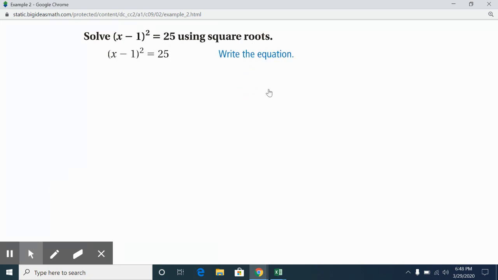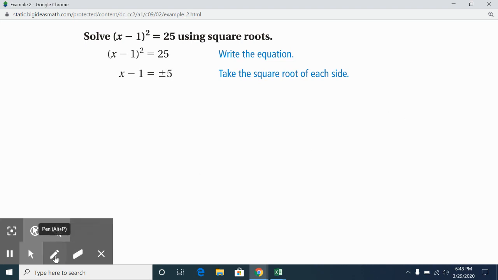They just put a plus and a minus sign in front of the answer. They don't actually write 2 equations out, but I'm going to show you a different way you could look at this. They took the square root of 25 right away to get rid of this second power. That's how we get rid of a square: we take the square root, the opposite. It's always inverse operations.